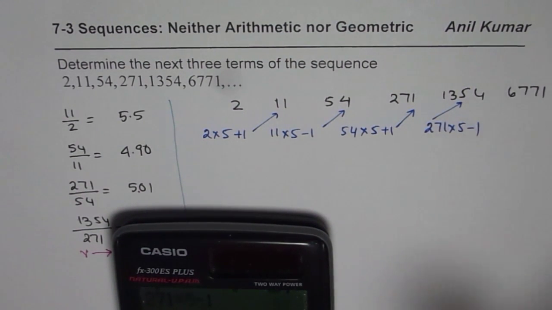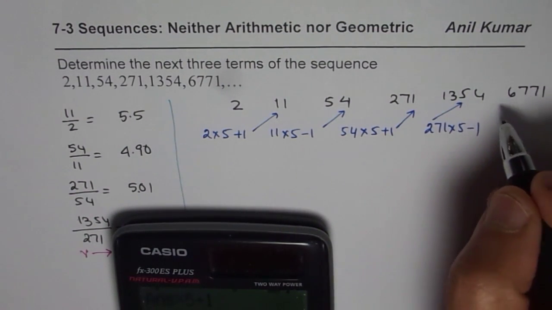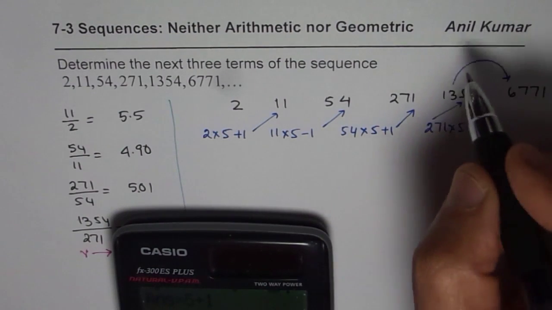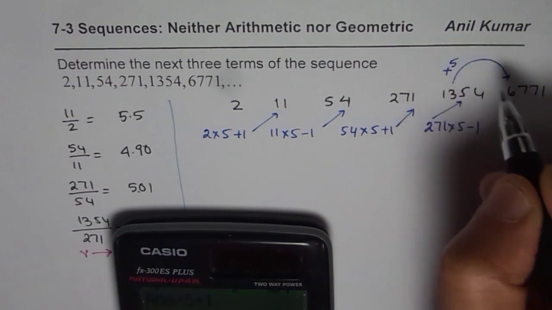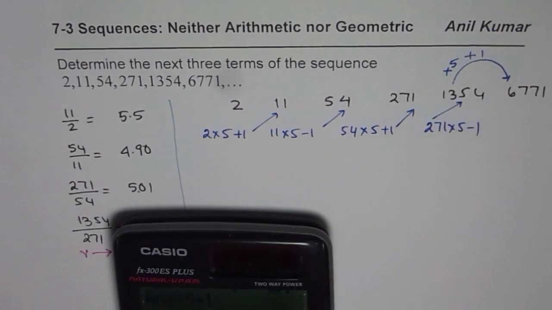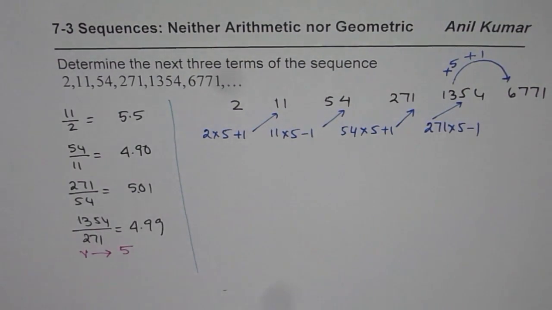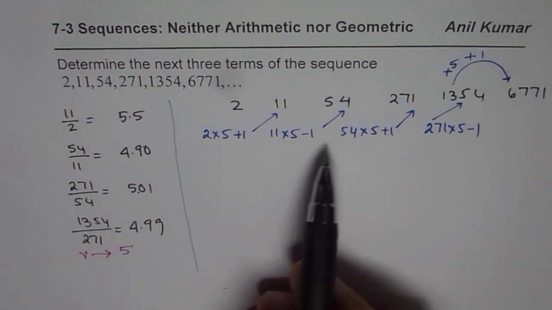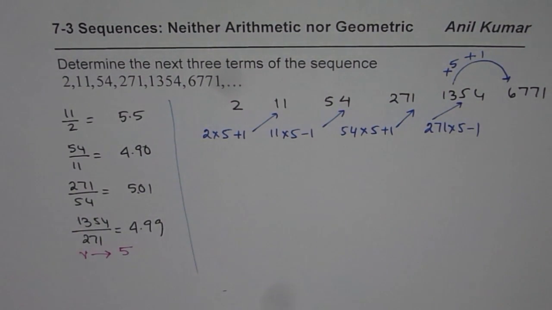If I do 1354 times 5, and this time I have to add 1, I should get the next number. I do get it. From here to here also, I apply the same rule, but this time it is times 5 plus 1. Do you see that? So the pattern is multiply by 5 and alternately add or subtract 1.